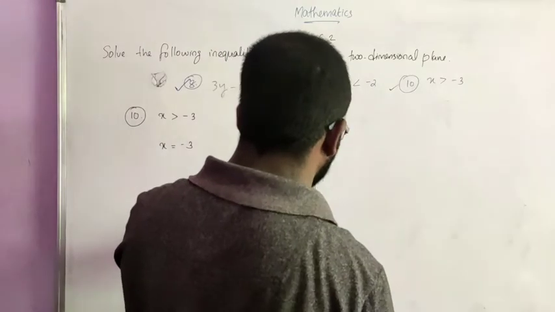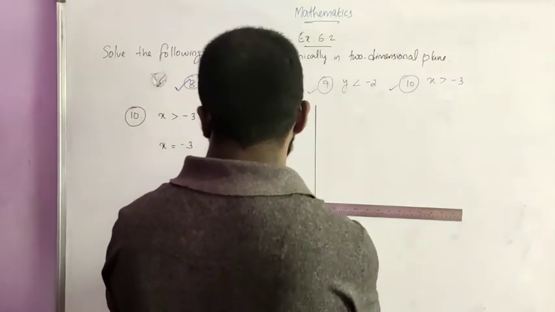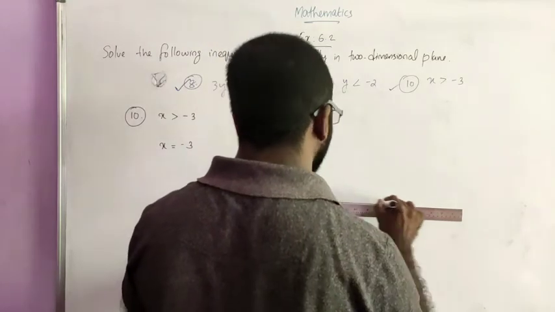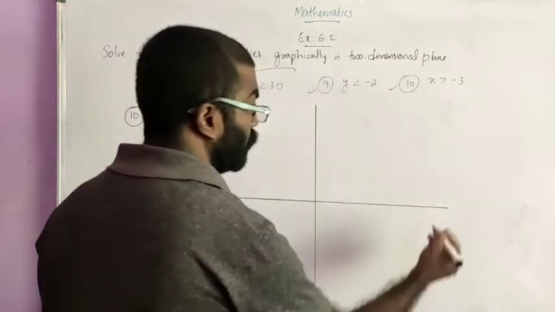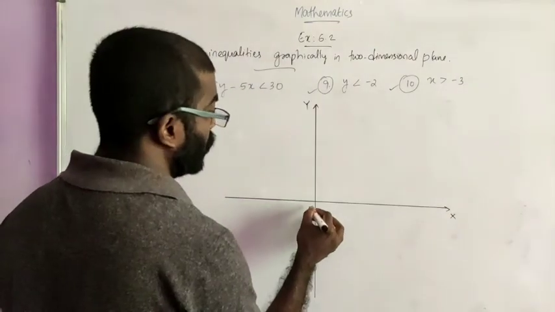So here we can mark x axis and y axis first. Here x axis, y axis, then point of intersection is what? Origin.